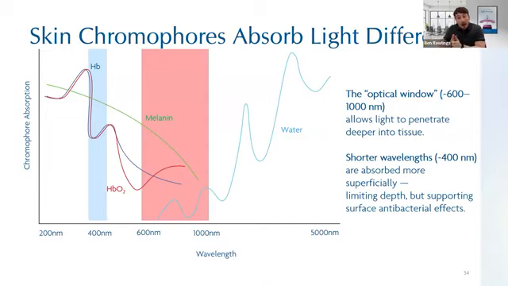As you get past 1,000 nanometers, we're getting more and more absorption by water, so we actually see less penetration. But you can also see on the blue light spectrum, because there's so much more absorption by the more surface level stuff like the melanin, we're getting much less penetration into the skin, and a lot more of that energy gets densely confined into the upper layers of the skin.